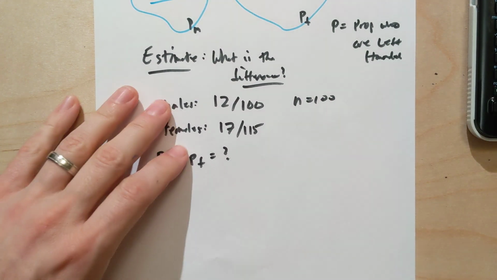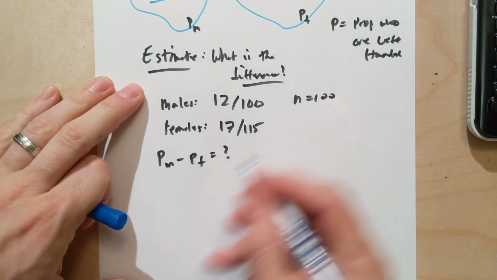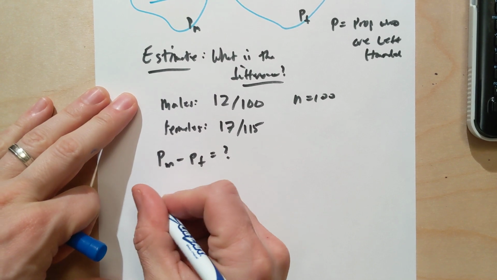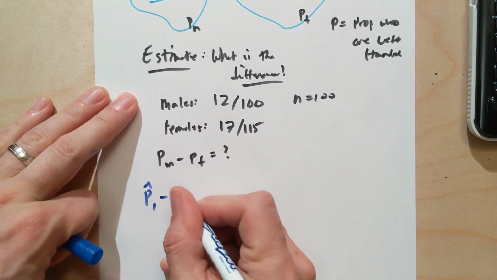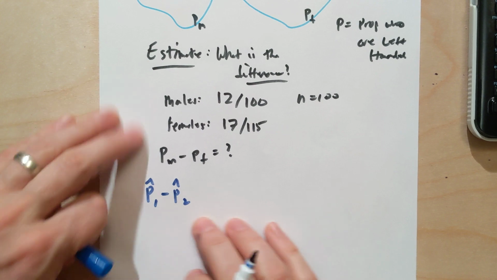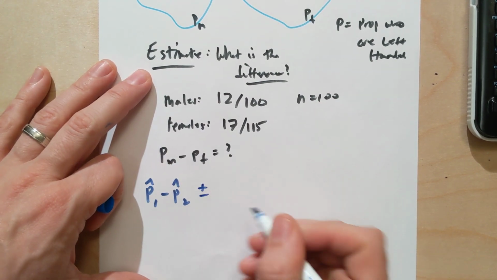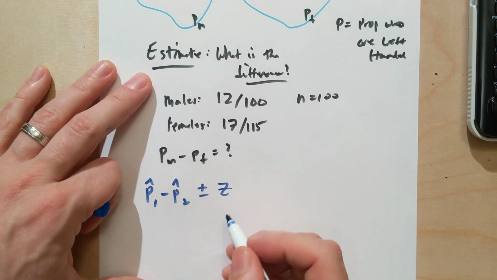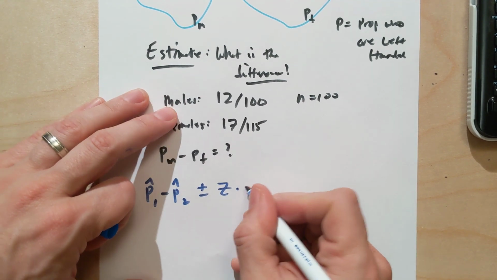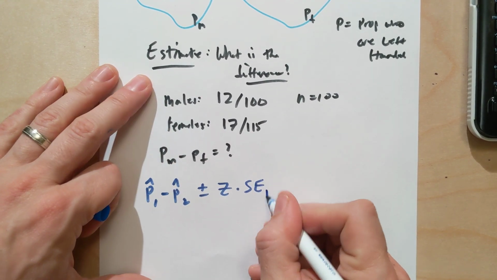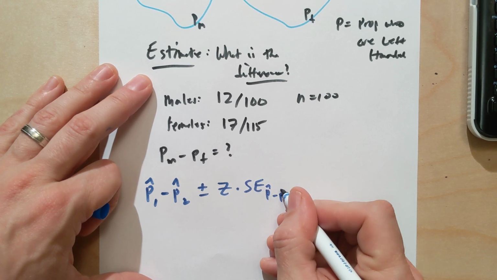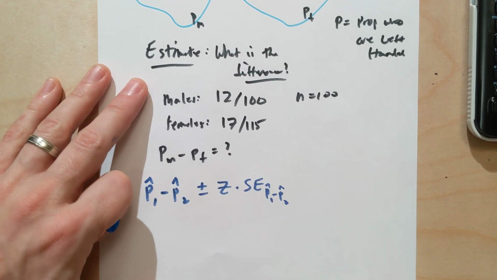In my sample, I'm going to use whatever I got in my first sample minus whatever I got in my second sample as my point estimate, and then I need to add a margin of error. So I'm going to add and subtract a critical value, in this case a z-score, times a standard error formula based on my two samples, the standard error for p̂1 minus p̂2.